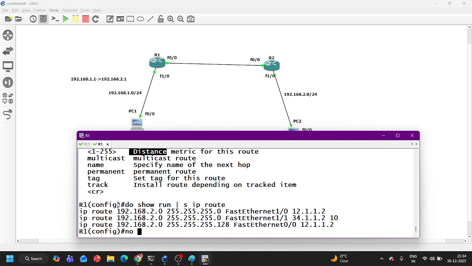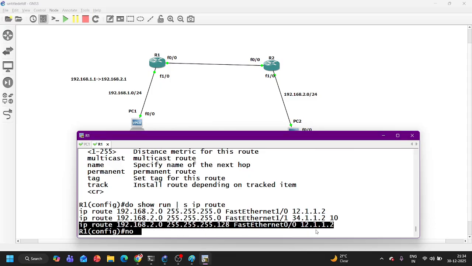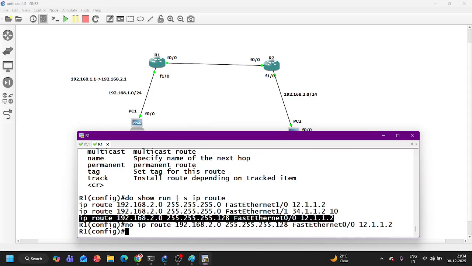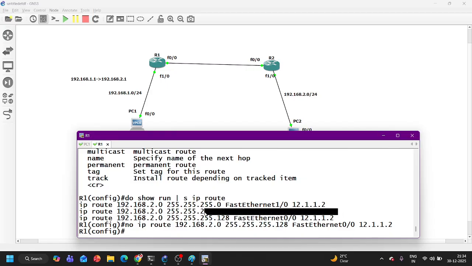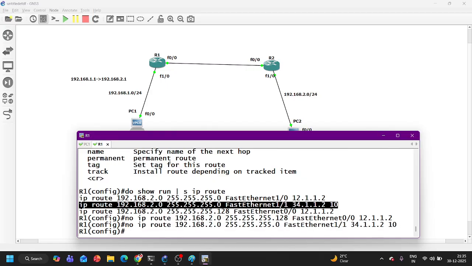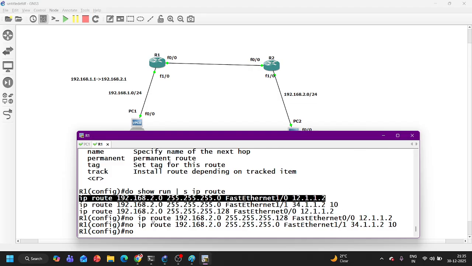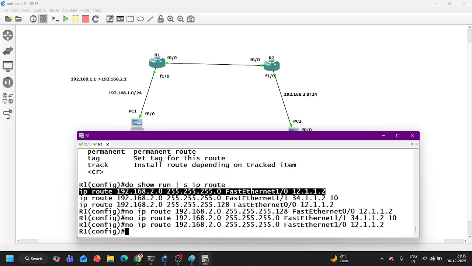What we have seen during forwarding a packet is that the router is going to check network bits, right? The entry where the maximum number of network bits is matching will always get preference to forward the traffic.